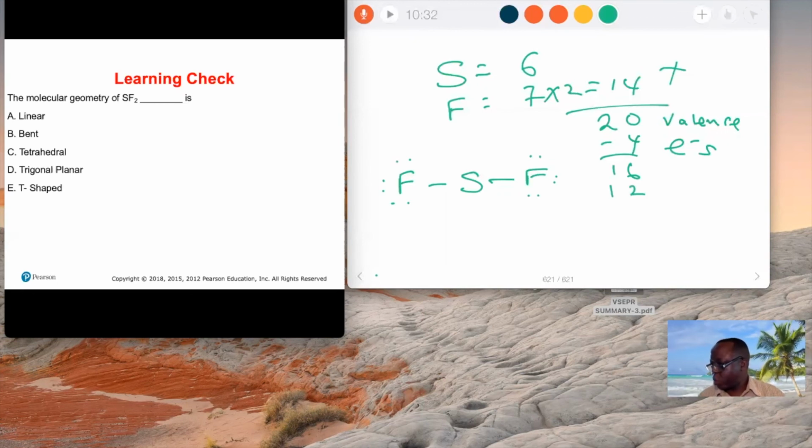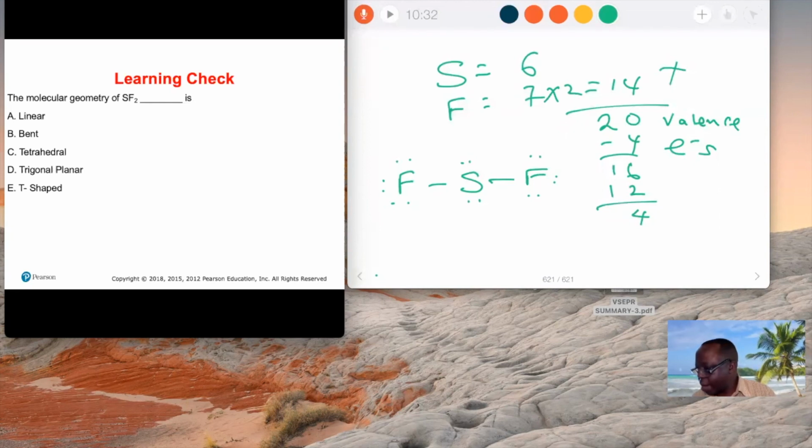So we have used 12, remain 4. It doesn't really matter if you put it there or there, so long as we have 4 remaining, we keep it on the central atom. We don't need to make a double bond because each atom satisfies the octet rule.